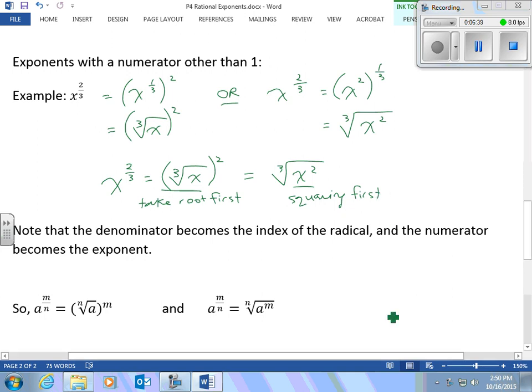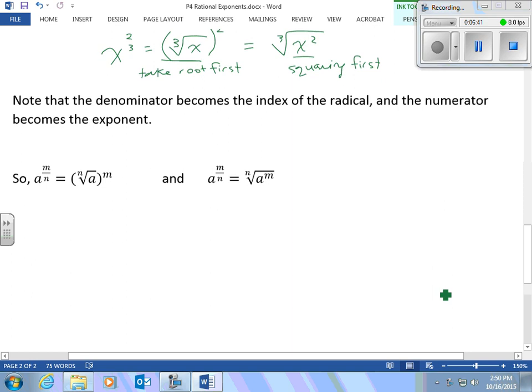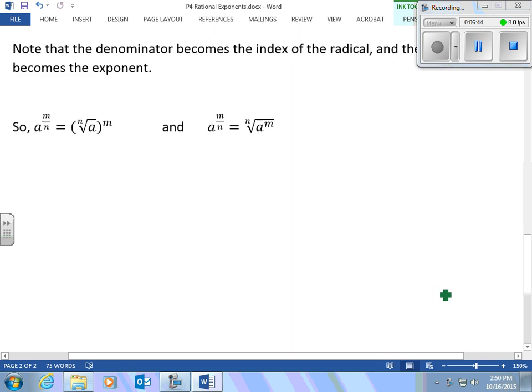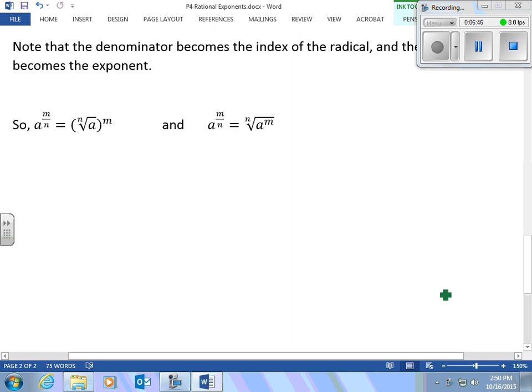as we simplify rational exponents in this form, you'll see that this method here, where we're doing the nth root first, becomes the preferred one because we're working with smaller numbers.